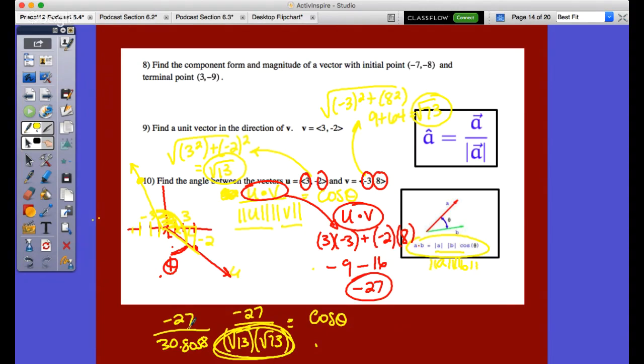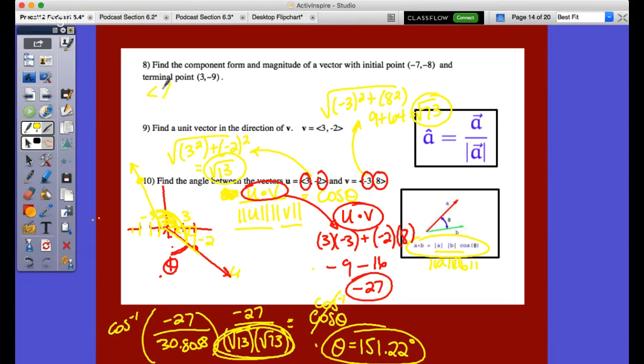All right, perfect. And I get about -0.8764. Then I could just do the cosine inverse of this on both sides. Once I get that in my calculator, I get theta by itself. And so theta is the angle that equals 151.22 degrees, okay? And that would be the angle between the two vectors.